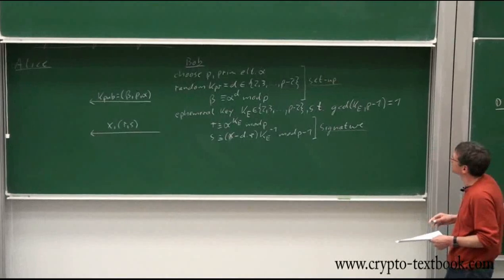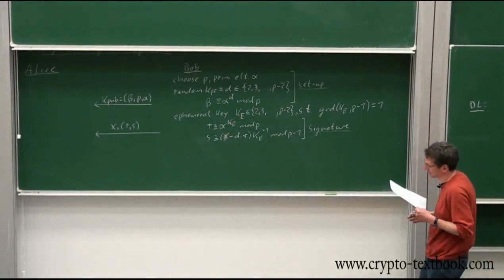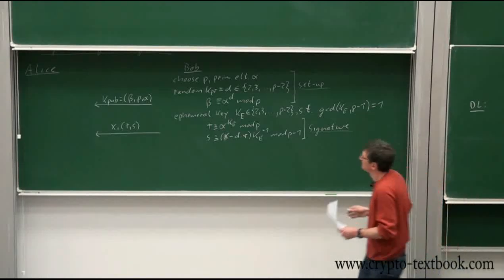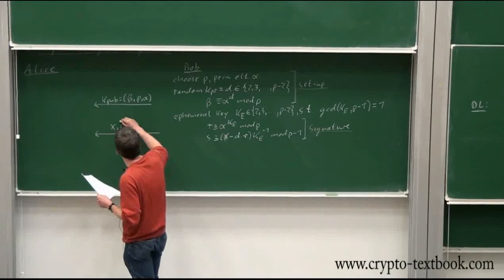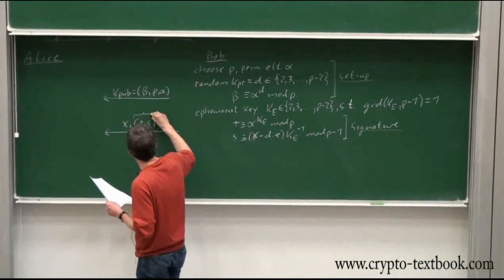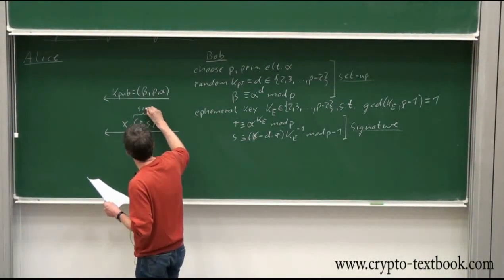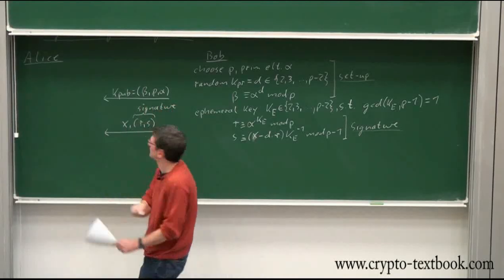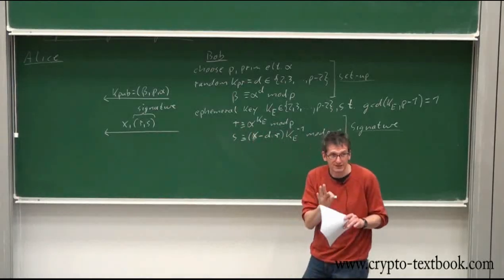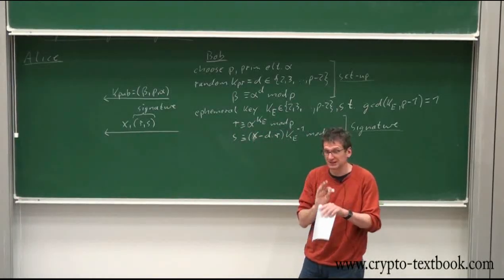So this is my mistake. Again, to make it abundantly clear, this is the signature here. This signature is R and S.